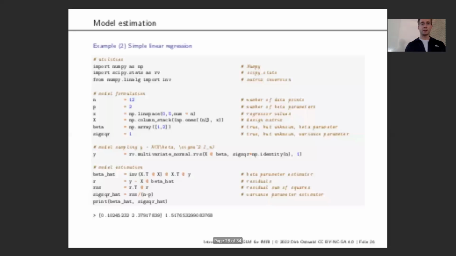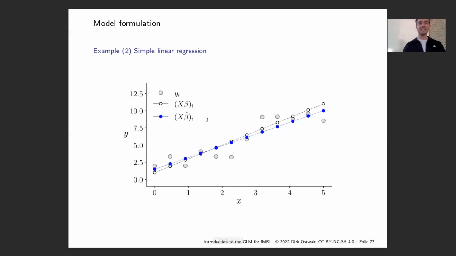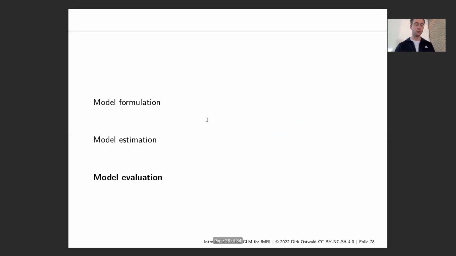Okay, so that's then with regards to estimation. So there are essentially two formulas. So far we've actually just seen 3 formulas. So y equals X beta plus epsilon, that's our GLM.